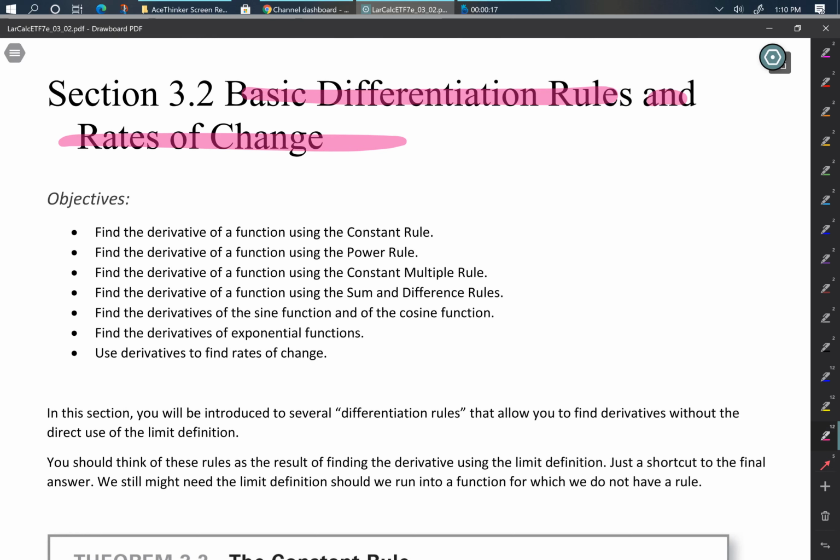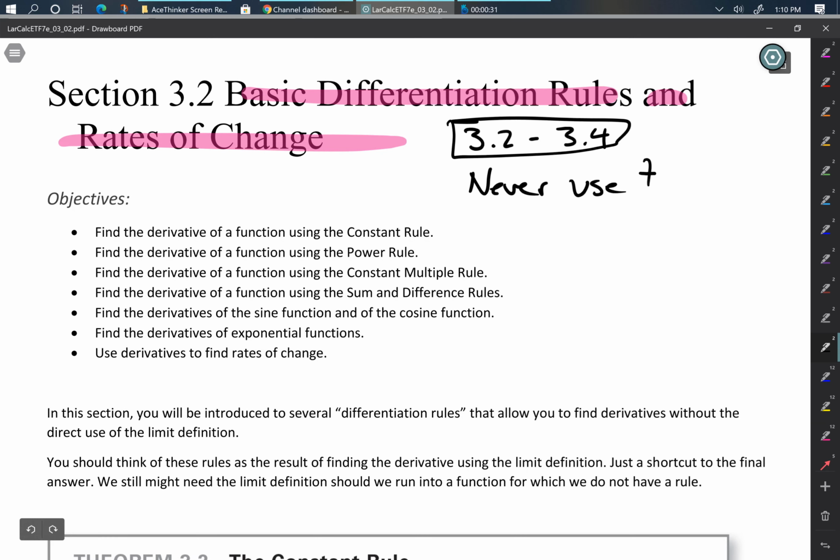The major goal in sections 3.2 through 3.4, the major goal of these three sections, is to never use the limit definition again.